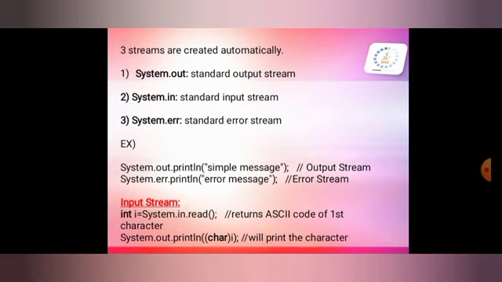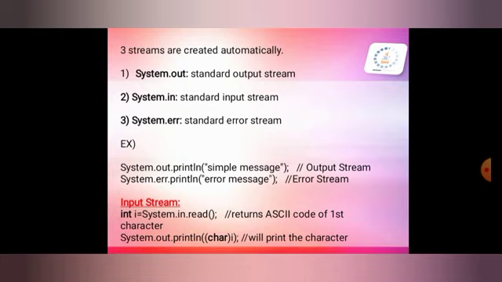Let us see the input stream. The input stream reads the data from the sources. How will it read the data? Using System.in.read, it will read the character from the source. Here System is the class, in is the instance, and read is the method.